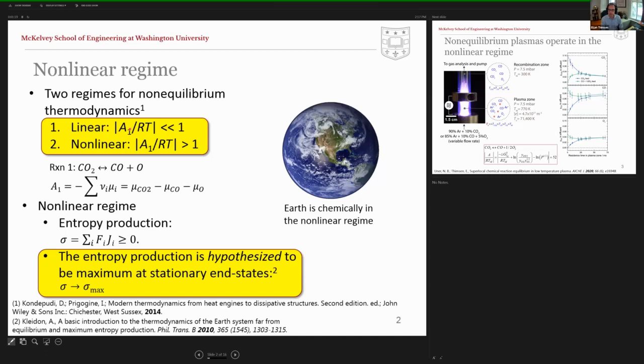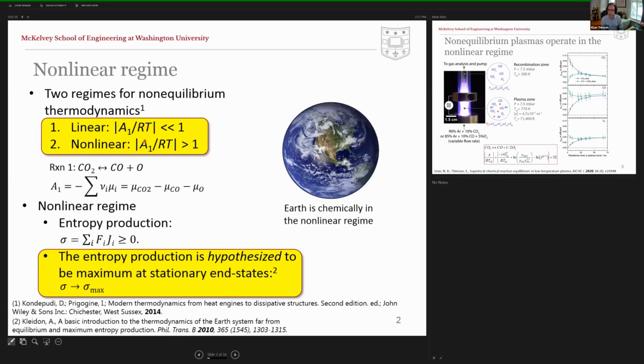If you're talking about a chemical reaction, then the linear regime is described by the reaction affinity with respect to the thermal energy being much less than 1.